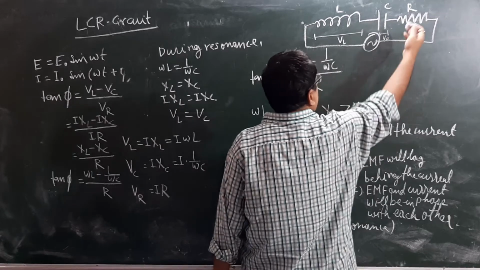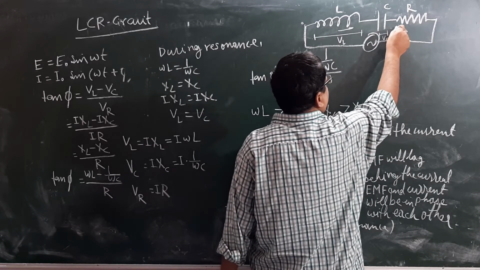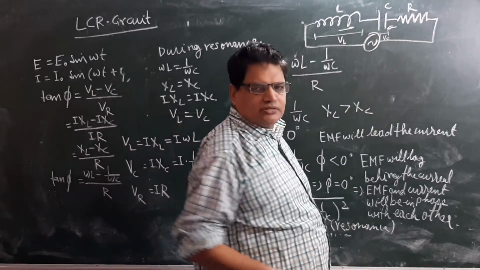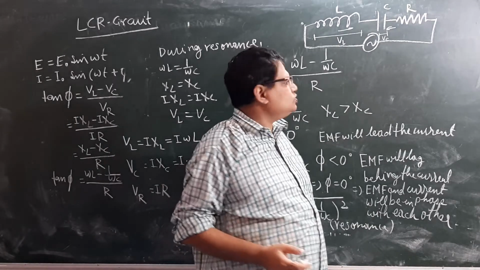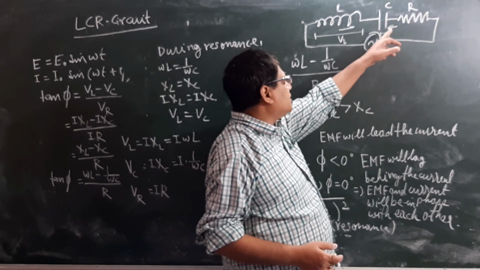So during resonance they will oppose each other. If VL is along this direction, VC will be along this direction. They will be equal and opposite, so these two voltages will cancel out.